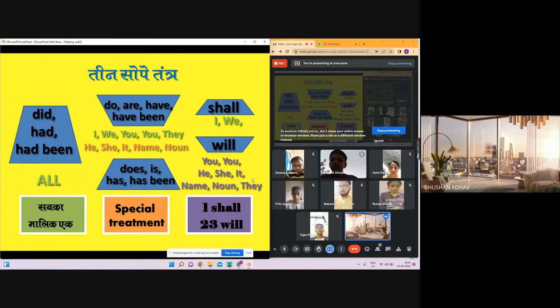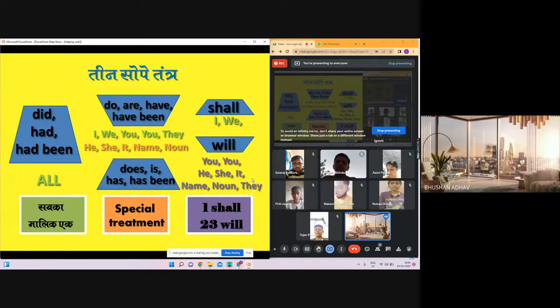If you find these words in a sentence, consider that the sentence is giving information about the past: did, was, were, had, and had been. Then about the present: do, does, am, is, are, have, has, have been, has been.